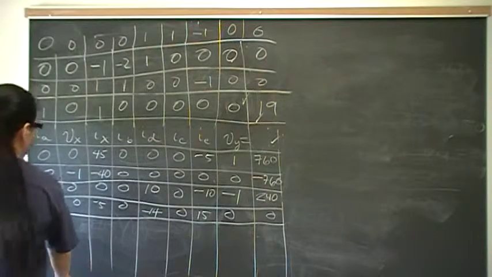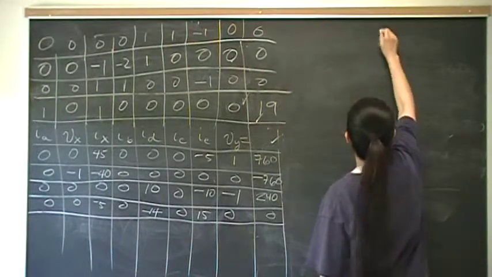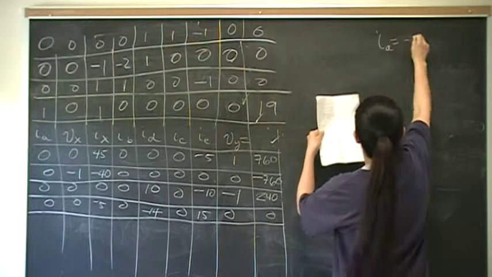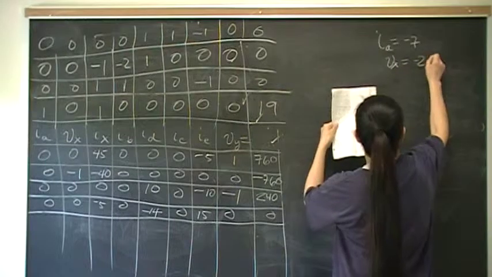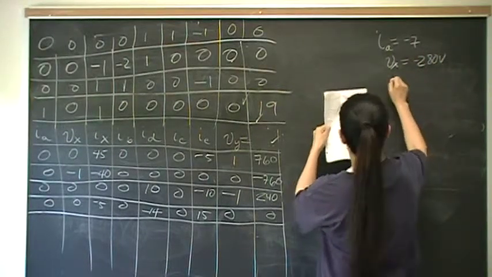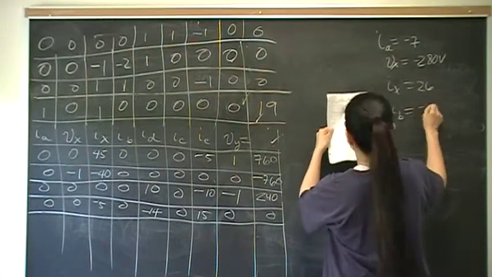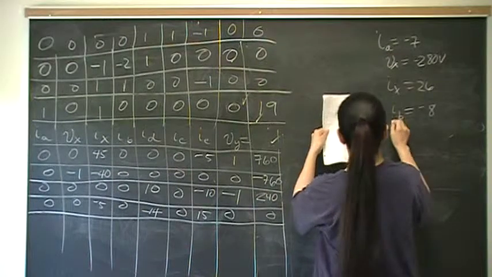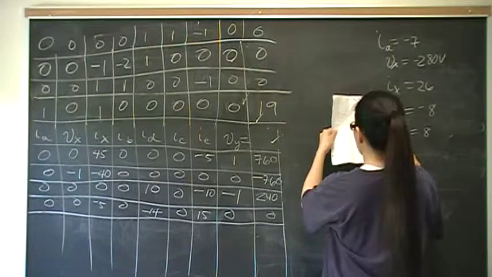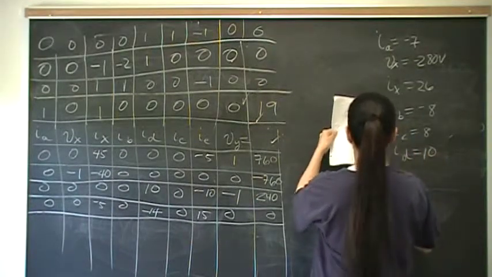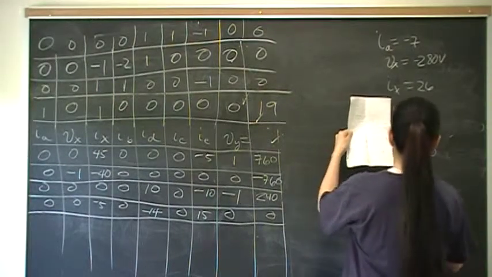But what you should come up with when you do that, and please post if I made a mistake on the matrix, is IA equal to negative 7 amps, Vx equal to negative 280 volts, Ix is 26 amps, IB is negative 8 amps, IC is 8 amps, ID is 10 amps, IE is 8 amps, and VY is negative 320 volts.